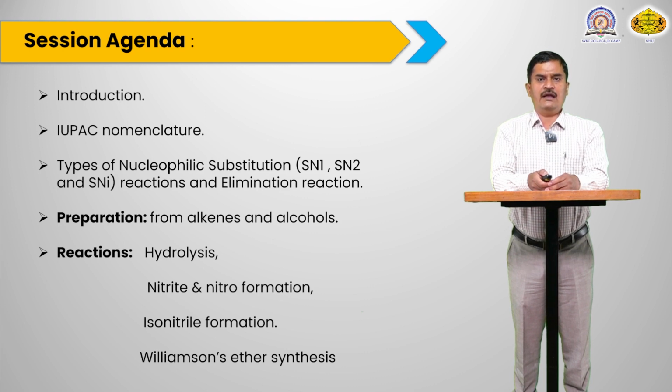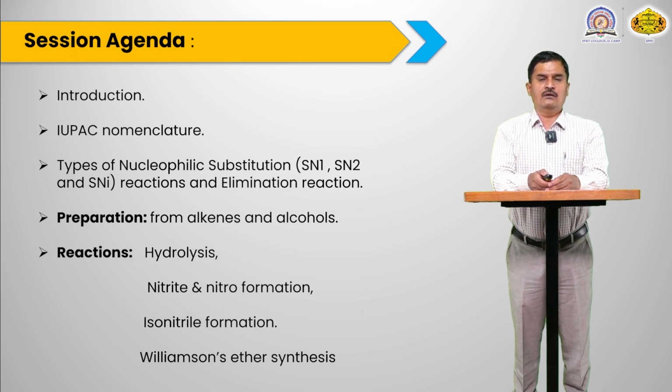An alkyl halide has a carbon and a halogen. We know halogen atoms are more electronegative, so on the halogen there is a delta negative charge and on the carbon there is a delta positive charge. After breaking this bond, alkyl halides form a carbocation.